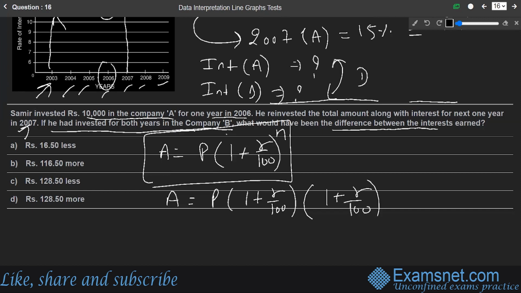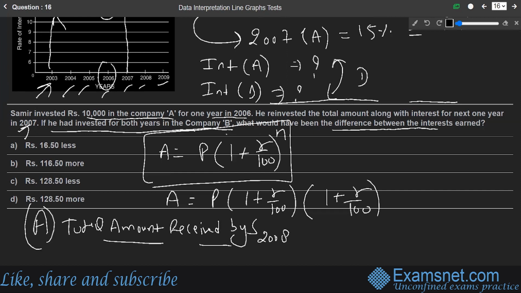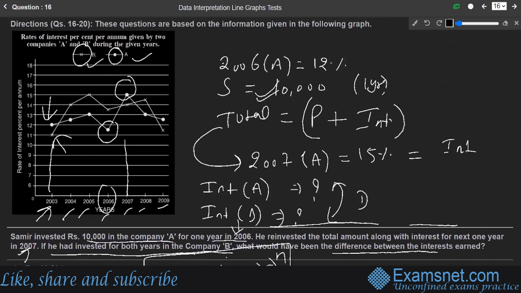Let us find out the total amount received by Sameer in 2008 when he invested in company A. Obviously the principal was 10,000, times 1 plus the rate of interest. At first he invested in company A in 2006, when the rate of interest was 12%.